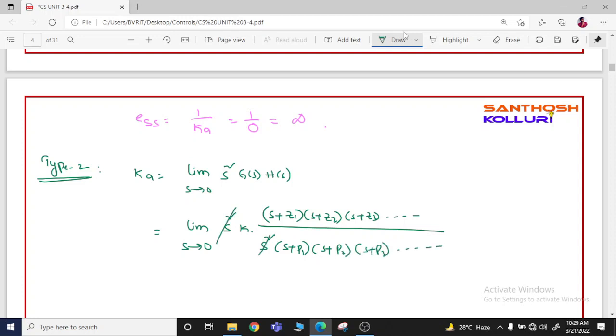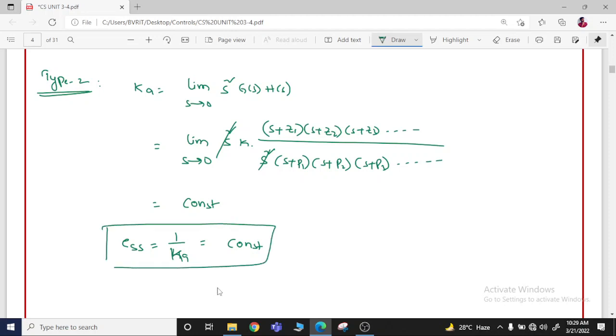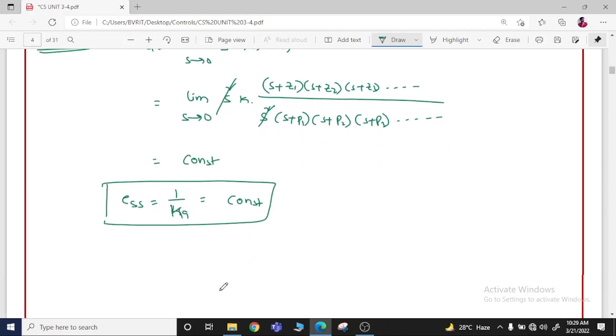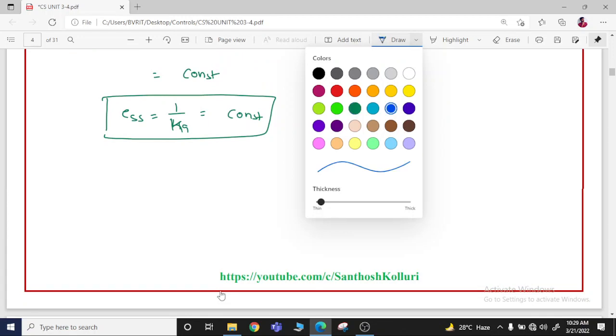The square term will get cancelled out, and now this will become a constant. Therefore the steady state error will be 1 by Ka, which is a constant term. So for a type 2 system, when the input is a unit parabolic signal, there will be a constant steady state error. Now we will see the type 3 system.